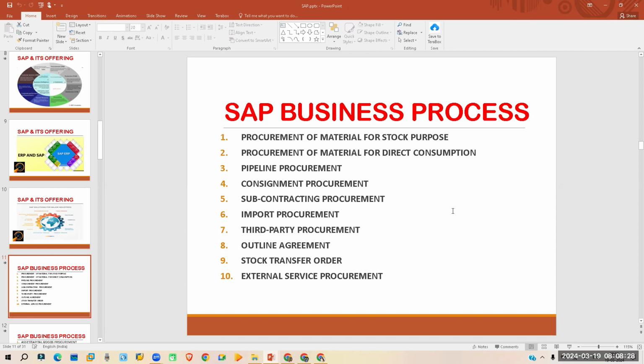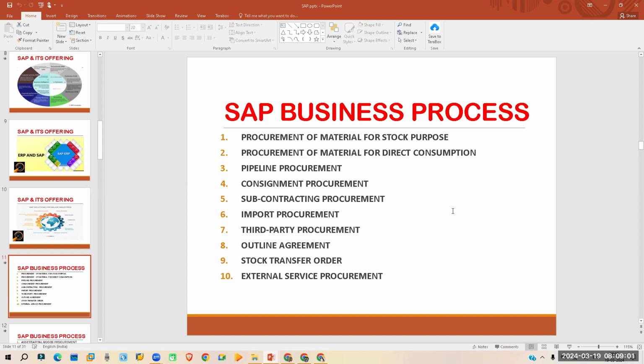Next one is pipeline procurement. What is pipeline procurement? Normally if we are using liquid or gas items, we can use pipeline procurement. In this system, there is a pipeline from the supplier to your premises. A classic example is the water supply in your home, the electricity, or the pipeline gas connection.